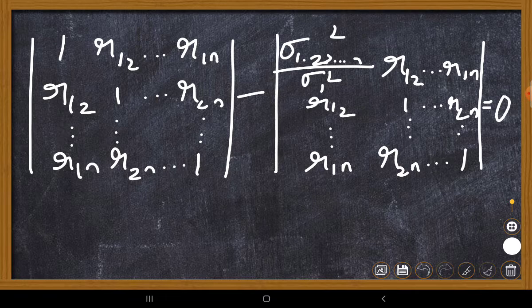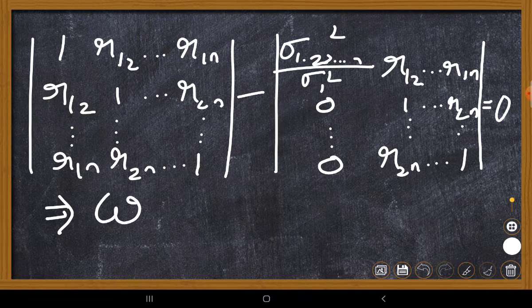Sorry, here it will be 0. We have split it based on the first column, and we have got it like this. Now this first determinant is nothing but that omega, which we have already defined when we were doing plane of regression.